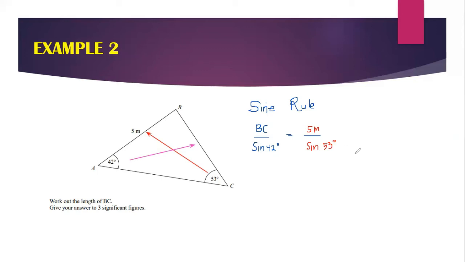Now we're going to solve this one by using the cross multiplication concept. So BC times sine 53 degrees equals 5 meter times sine 42 degrees, right?